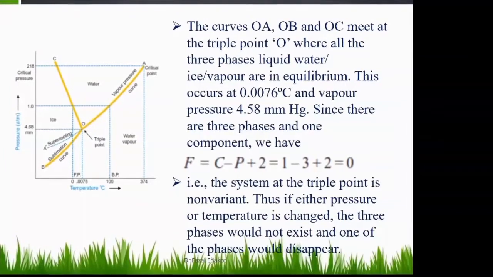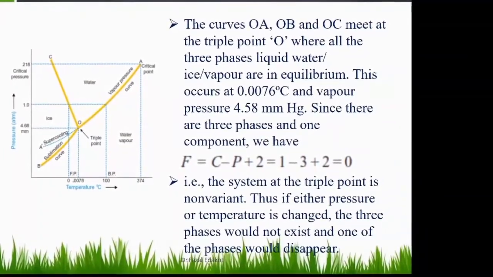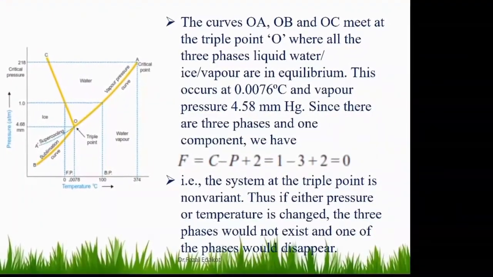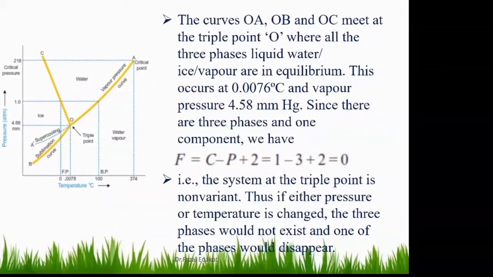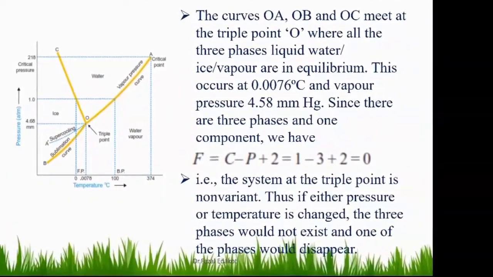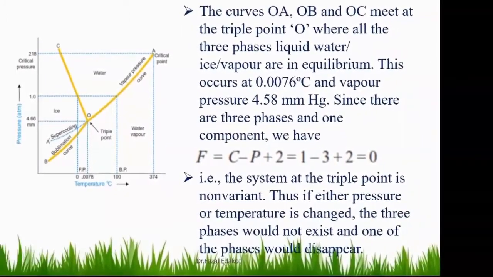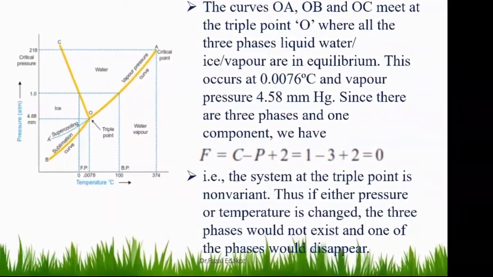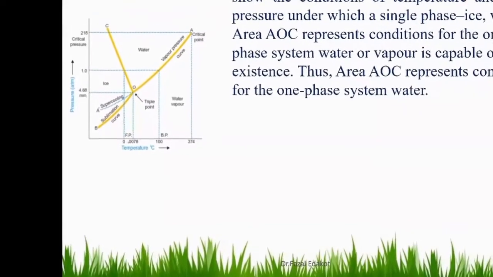And the areas or regions between the curves show the conditions of temperature and pressure under which a single phase, ice, water or vapor, could exist.